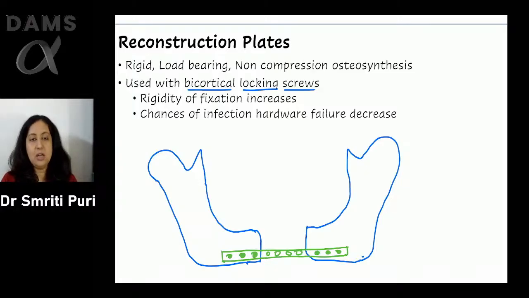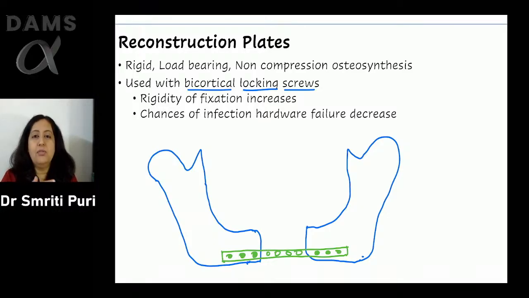I have used a reconstruction plate for reconstruction in the middle portion, where there is no bony anchorage for the plate. In that area, what we do is we give a good soft tissue cover to the plate. First we will do the muscle layer closure, then the submucosal layer closure, finally followed by mucosal layer closure.